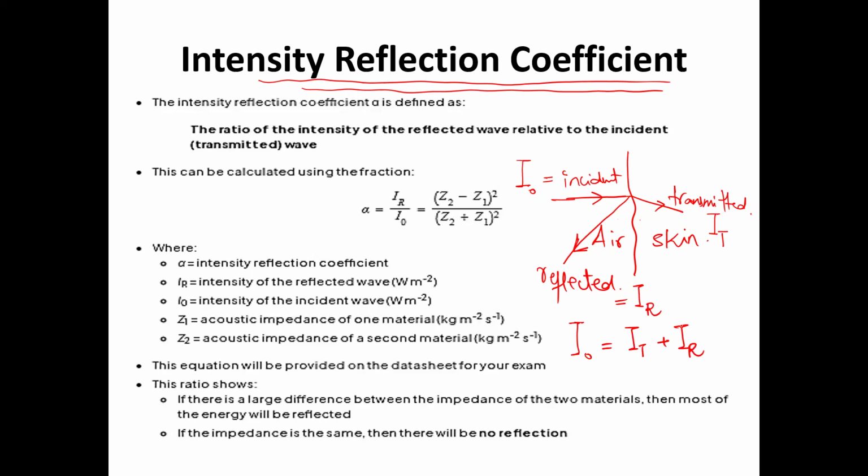The total intensity of the ultrasound is equal to the transmitted intensity plus the reflected intensity. So some are going to get transmitted, and some of them are going to reflect back.